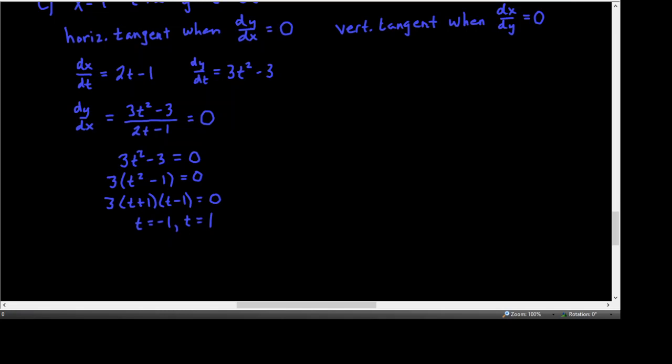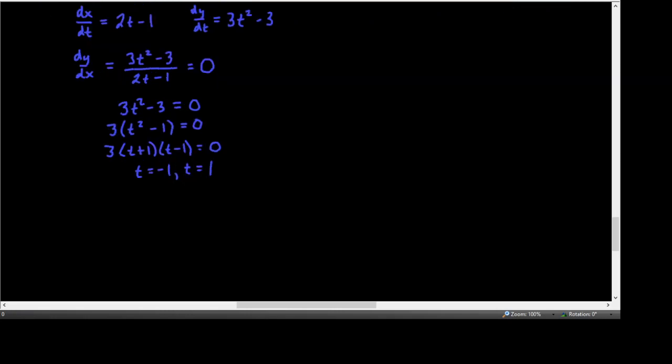Okay? Now, let's reread the question. It says find points. That means points on the curve. So what we're going to have to do is let t equal one of the values we found, -1, and calculate the x value and the y value when t is -1.